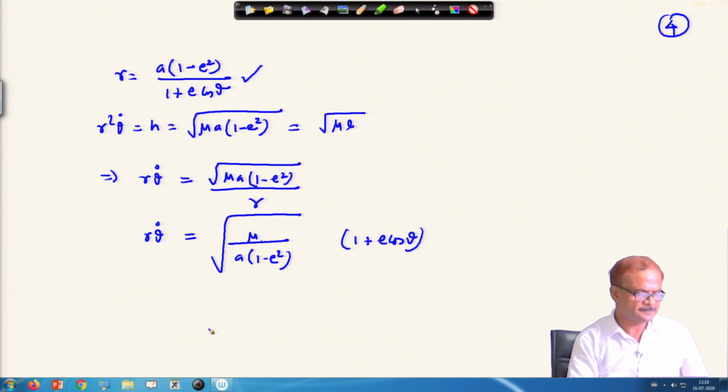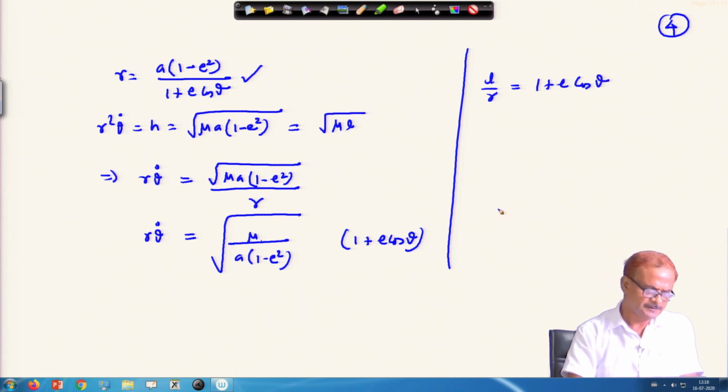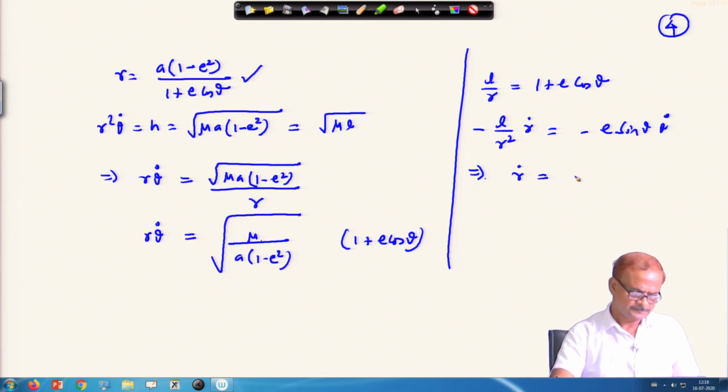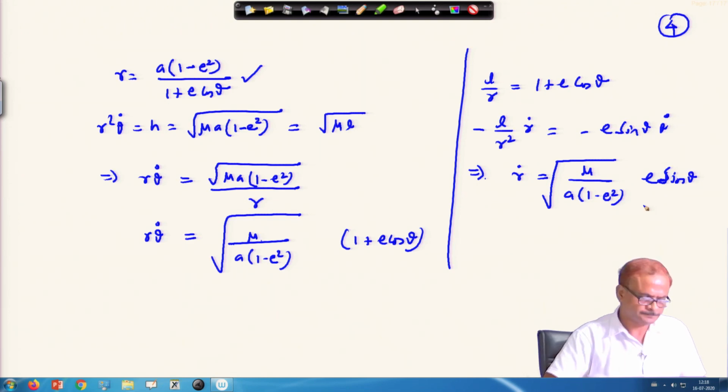You can check this part. For your ready reference, since we did it quite early in the lecture, I am deriving it again here. This can be simplified to r dot equal to e sin theta. So, we need to replace L and r in this expression.